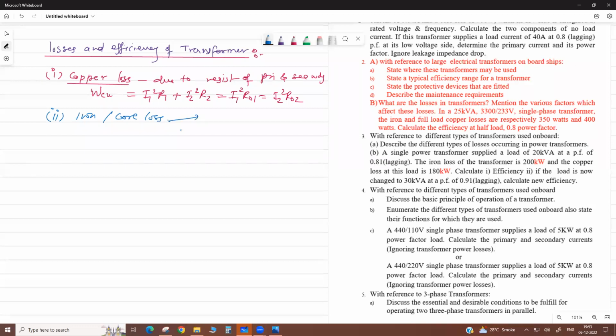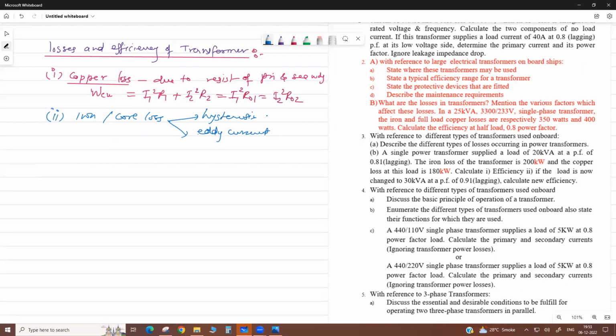That is again categorized as hysteresis and eddy current loss. Hysteresis is due to the non-linearity of the BH curve, like the reversal of magnetizing and demagnetizing.